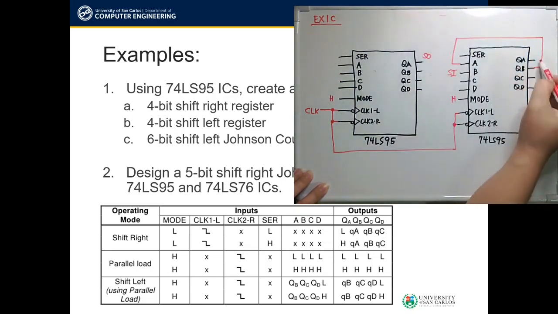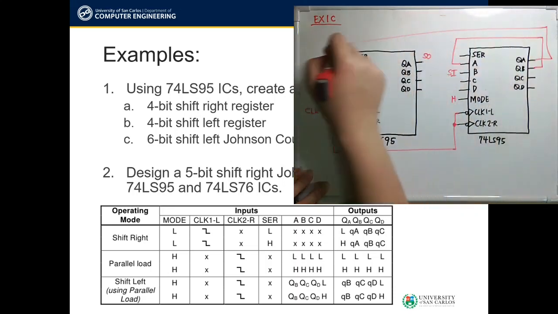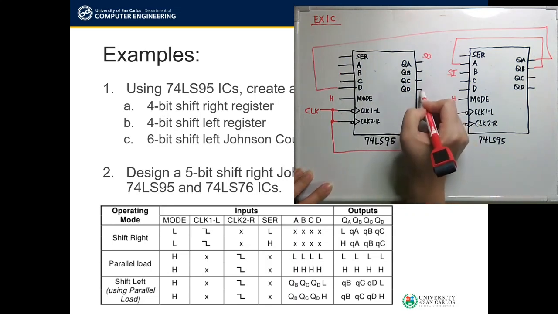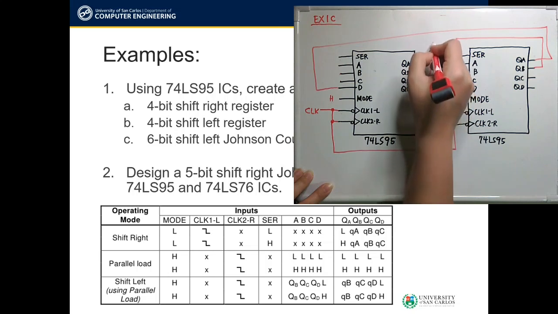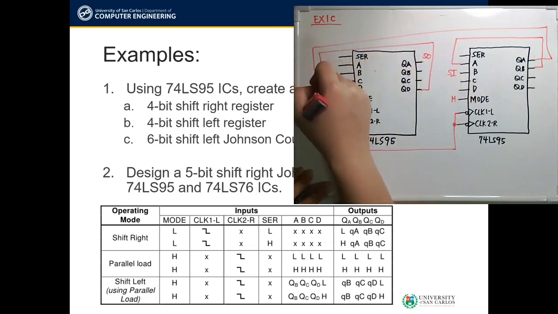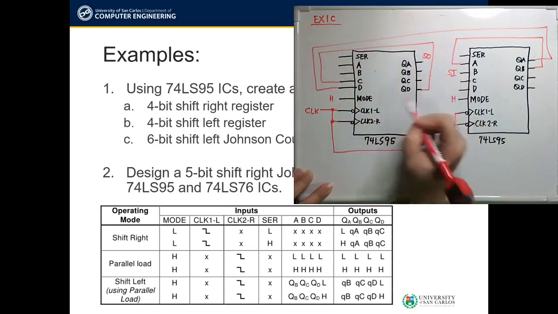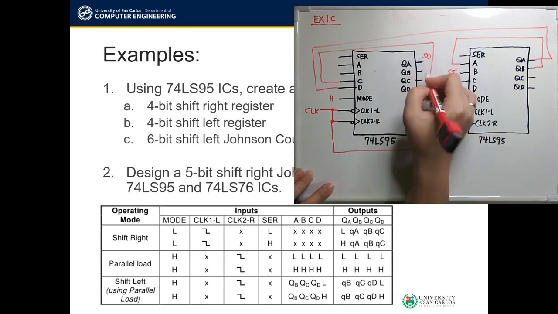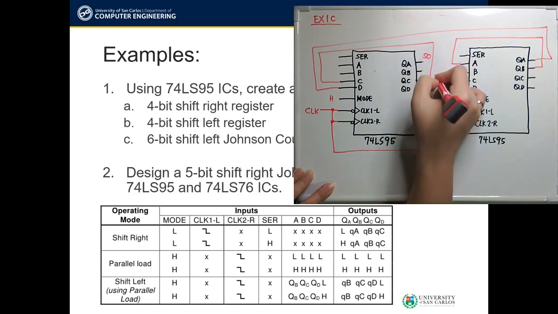Then our QA must be connected to the D input. Our QD is connected to the C input of our first 74LS95 IC. I think you can do a better job than me in forming these lines.